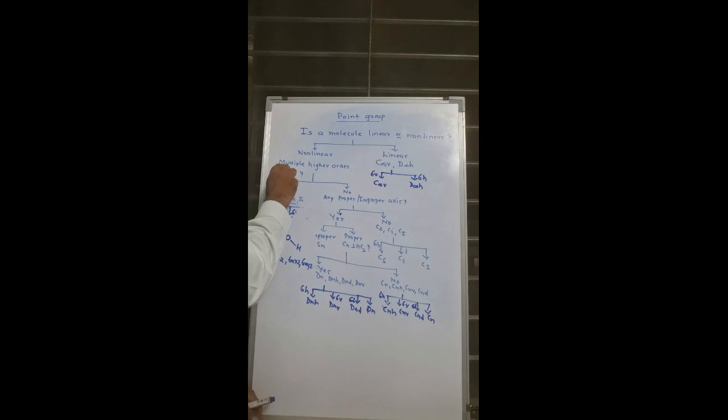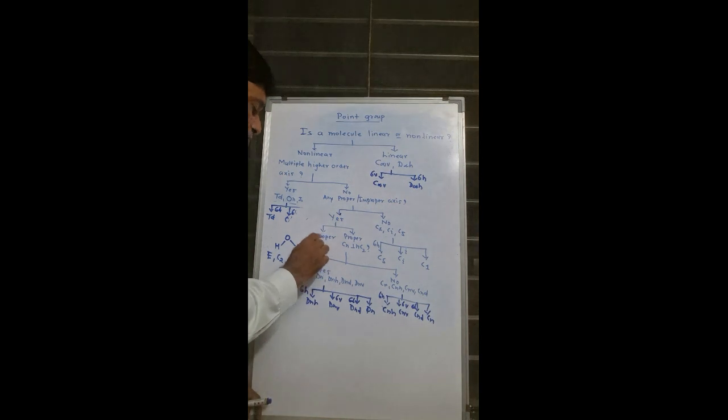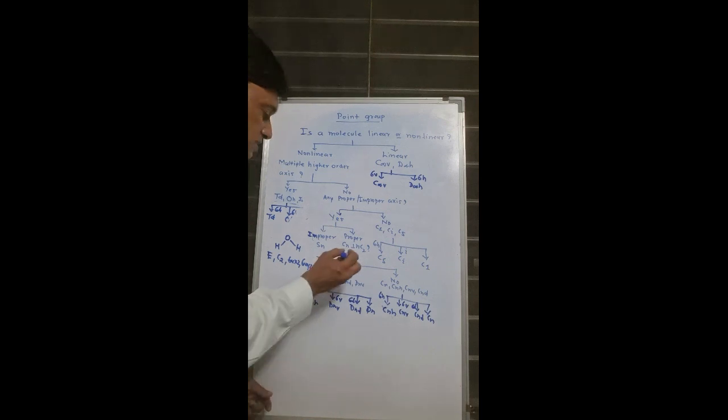So we have to ask whether multiple higher axes are present. No, it consists of only one proper axis, that is C2. So then we ask, any proper or improper axis? Yes, a proper axis. Then we have to go for the proper axis. So is there a Cn with perpendicular C2, it means C2 perpendicular to 2C2.